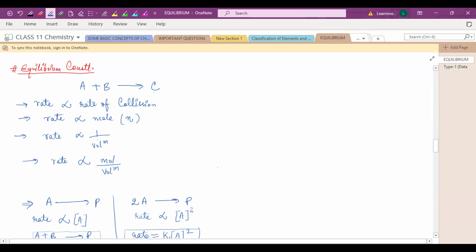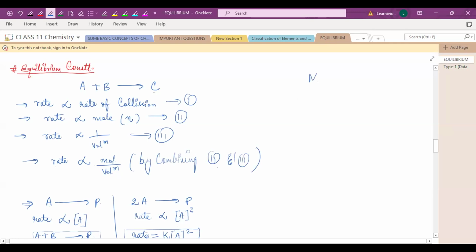If you combine these equations, suppose this is your first, second and third, then by combining the second and third equation, you get rate is directly proportional to mole upon volume.